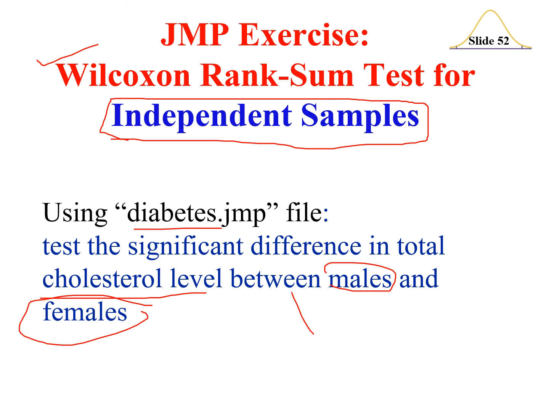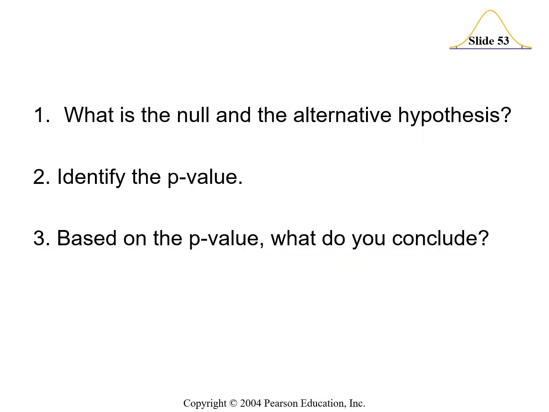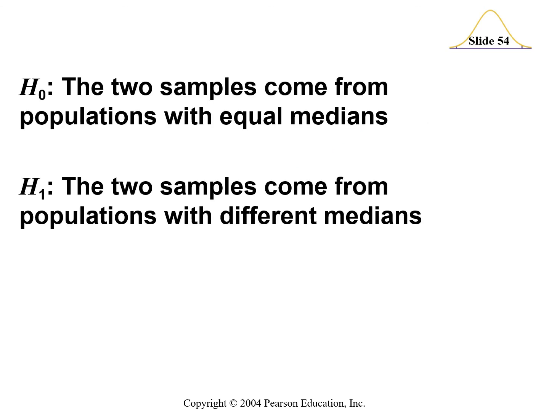So let's use the Wilcoxon rank sum test to examine the significant difference in cholesterol level. Null hypothesis and alternative hypothesis, see the p-value and make a decision on the results. This is H0: the two samples come from populations with equal medians. H1: the two samples come from populations with different medians.